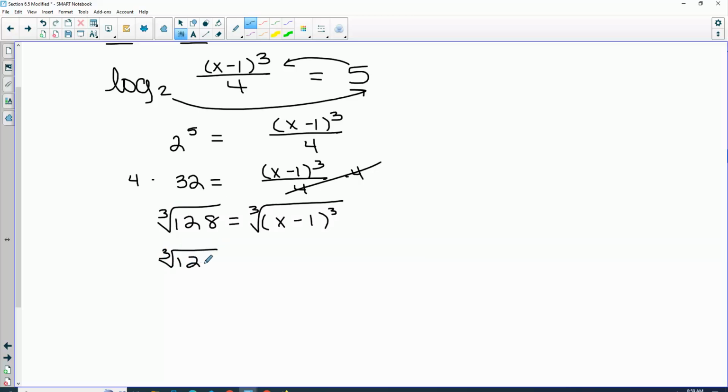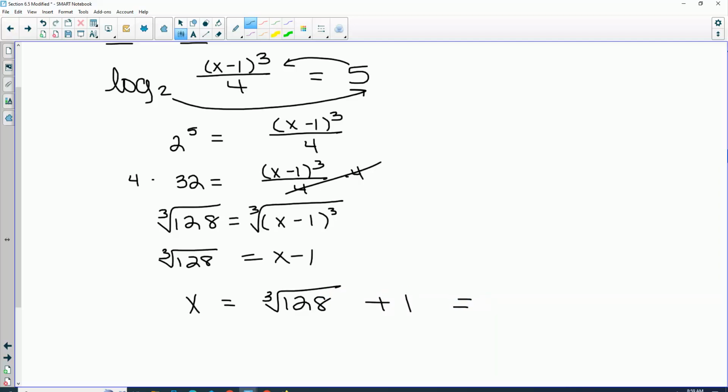Root of 128 equals x minus 1. And then final final step would be to add over the 1. So we get the cube root of 128 plus 1.